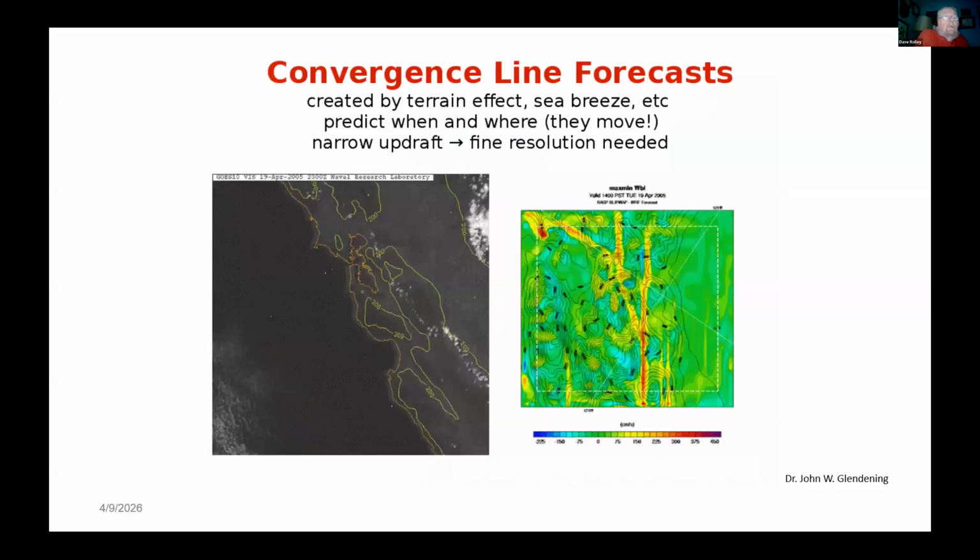The other thing this gave us insight into, which we didn't have before, was convergence lines. Basically, this is where we have two air masses coming together with winds blowing from different directions. The idea was, could we identify it and could we predict where it was going to go?